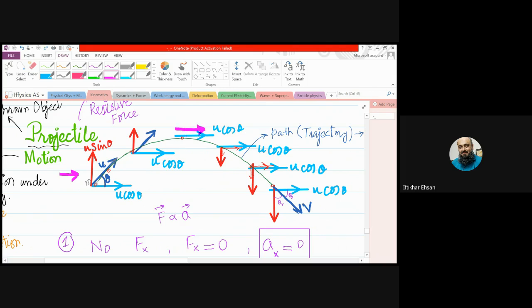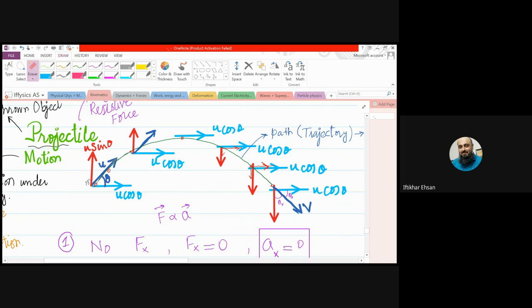Other than that highest point, everywhere it is doing two-dimensional motion, horizontal and vertical. In the highest position, there's no vertical. At that position, its gradient comes to be zero, right? So it is perfectly horizontal, no vertical motion there.